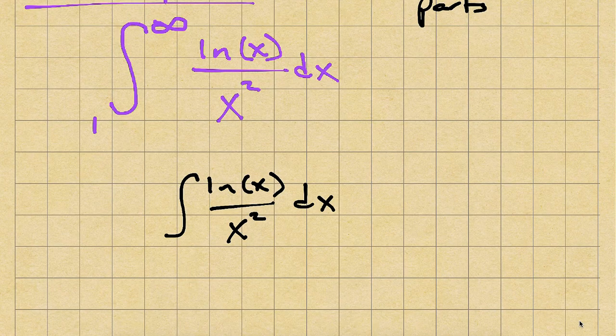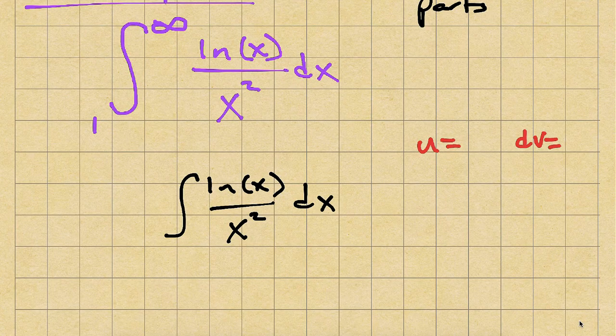Remembering what we did with that is we picked a value to be u and another value to be dv. Whatever we pick to be u, we have to differentiate, and whatever we pick to be dv, we're going to have to integrate.